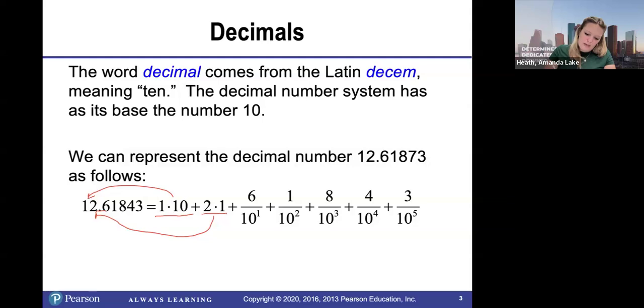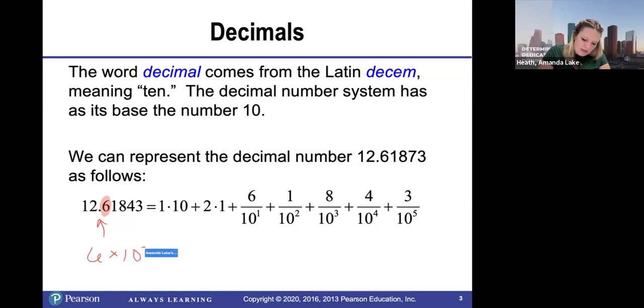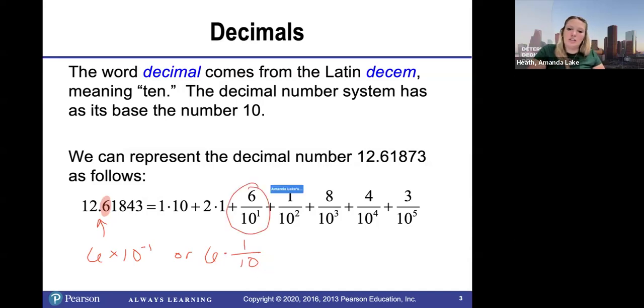Now, things get a little more complicated when we go to the decimal side. The first place value, where the 6 is, is called the tenths. So we have 6 tenths. That's 6 times 10 to the negative 1, or 6 times 1/10, which is where we get this 6 over 10 to the 1.